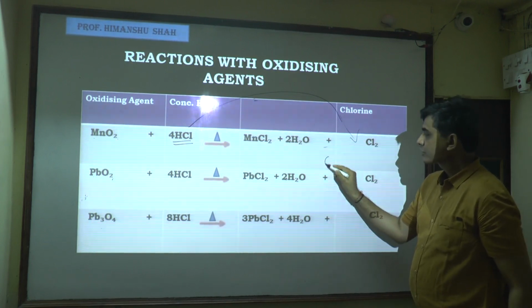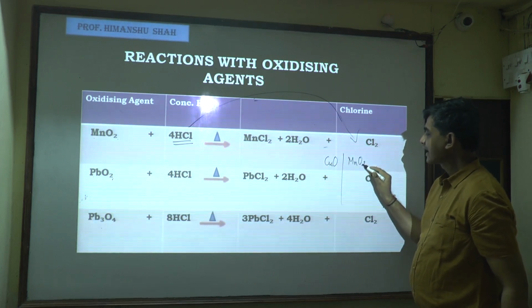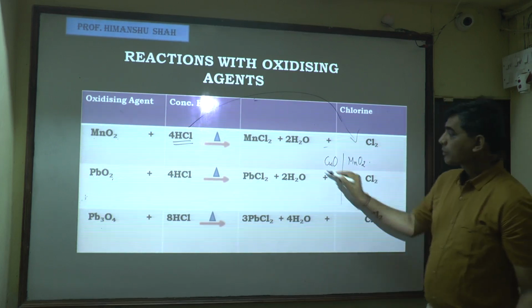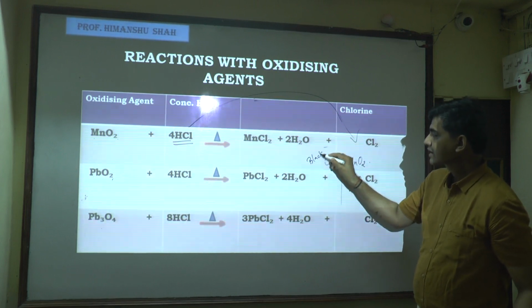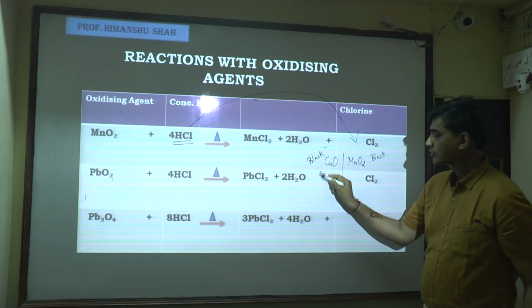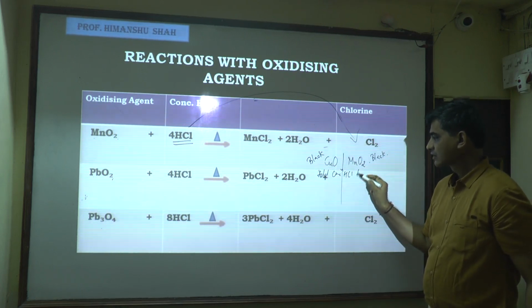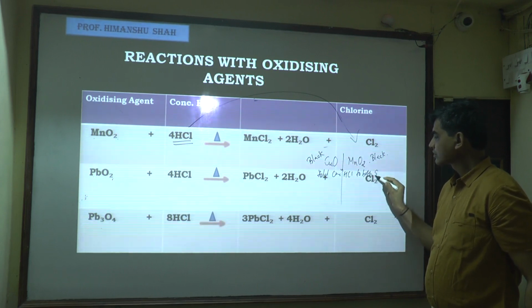So they can ask you to give a chemical test to distinguish between CuO and MnO2. Copper oxide is black. MnO2, manganese dioxide, is also black. So you will say, add concentrated HCl to both.